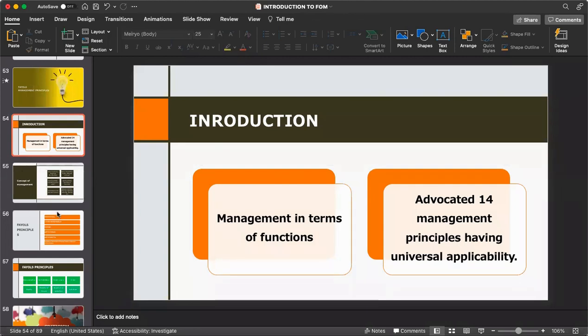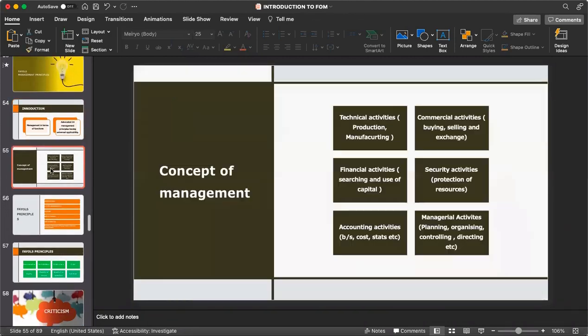Okay. Now, what are these 14 principles? First of all, we need to discuss the concept of management given by Fayol. Fayol has given six management activities. The first is technical activity, which is related to production and manufacturing. All industries associated with manufacturing and production of raw material, primary industry, tertiary industry, come under technical activities.